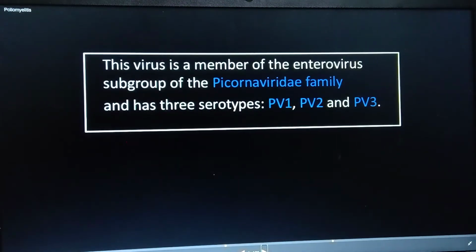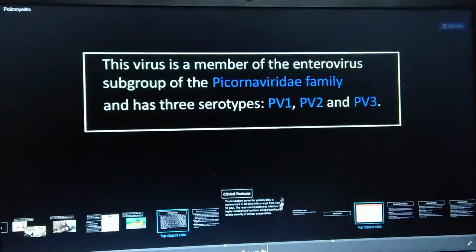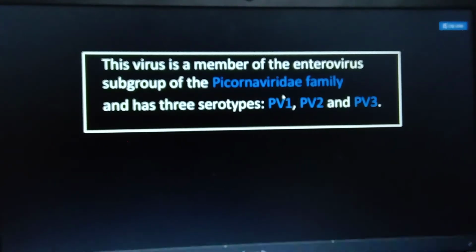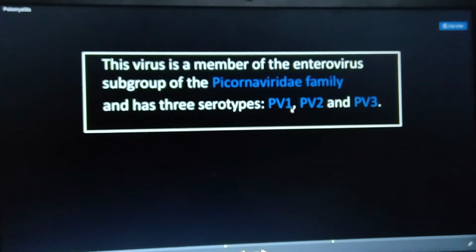Okay, so what is the virus that is causing the paralysis? The polio virus belongs to the Picornaviridae family group. It is a subgroup of the family, and it is causing the disease of enterovirus or polio virus.